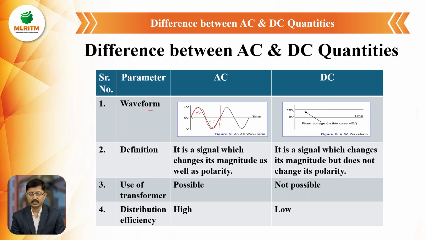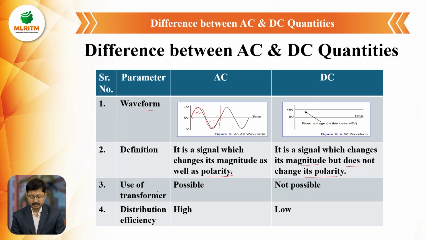The magnitude is fixed and the direction does not change. When magnitude and direction are not changing with respect to time, we call it a DC quantity. From the definition point of view, AC is a signal which changes its magnitude as well as polarity, and in case of DC quantities the magnitude may change but the polarity does not change.